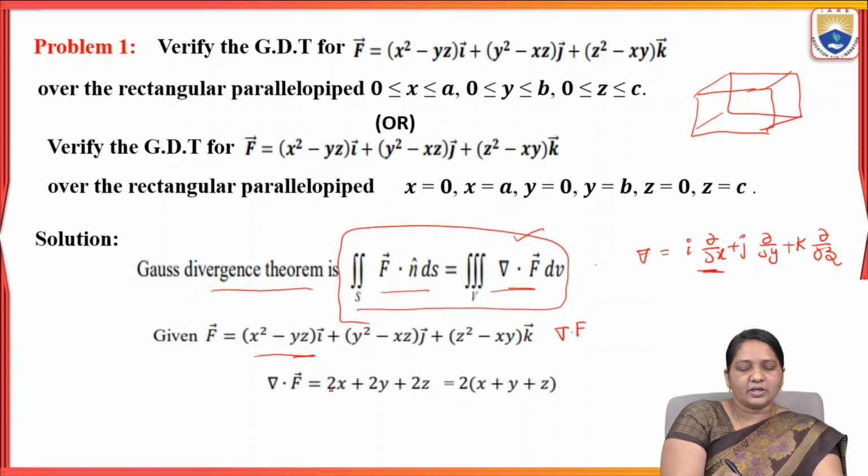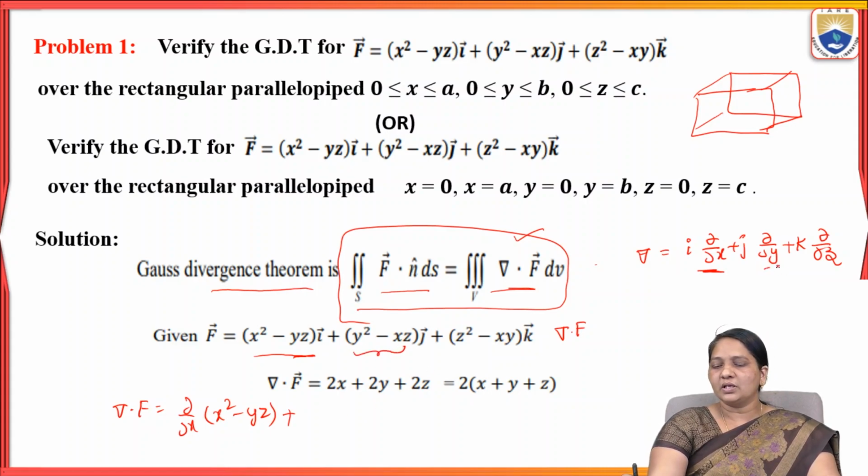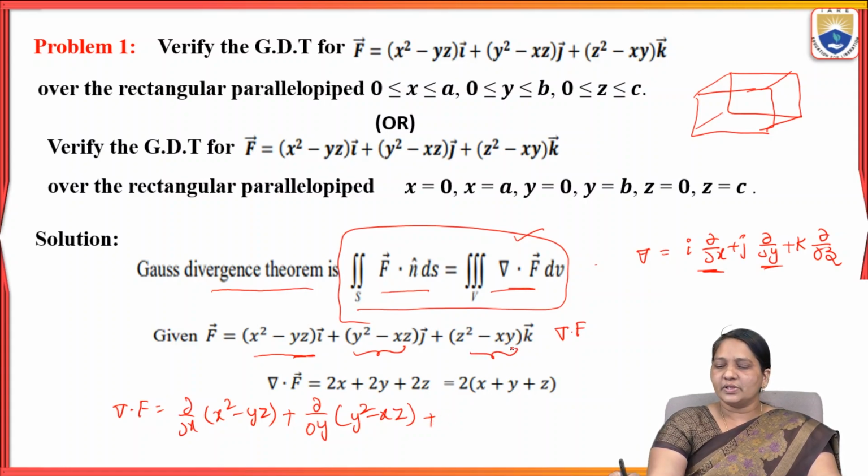Finally we get del dot f equal to dou by dou x of (x square minus yz), plus dou by dou y of (y square minus xz), plus, with the k coefficients, dou by dou z of (z square minus xy).